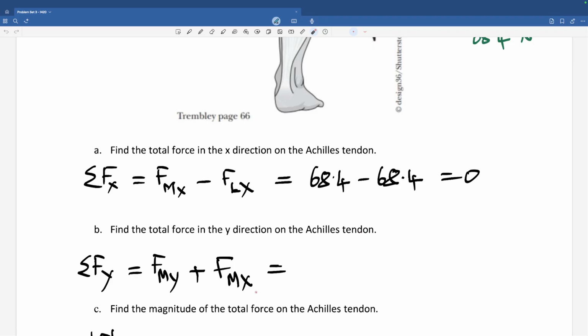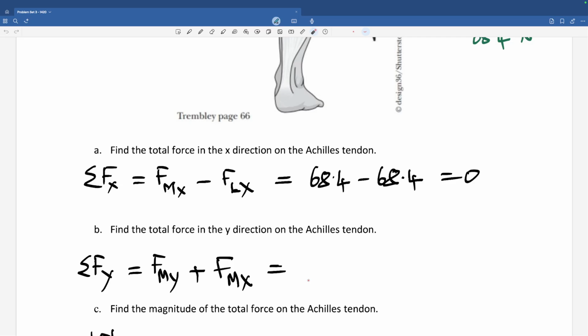And what you have to do is add the 188 twice, and whatever number you get here would be the net force on the y-axis. Okay, I think I made a mistake here. This should be y, so it should be FLY plus FMY, because we are adding the y components, okay? So please correct that.